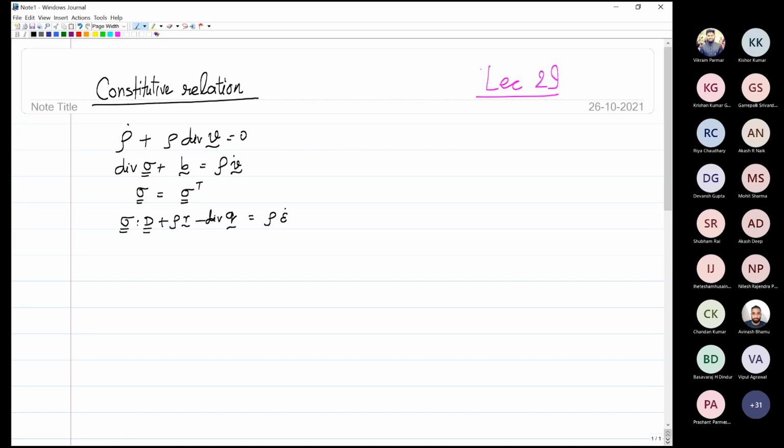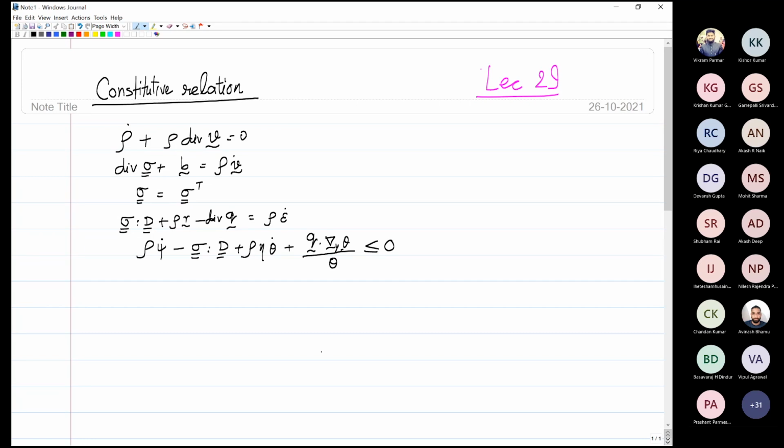I'm just going to write that here. So these are the equations that we have derived. There are no further equations.